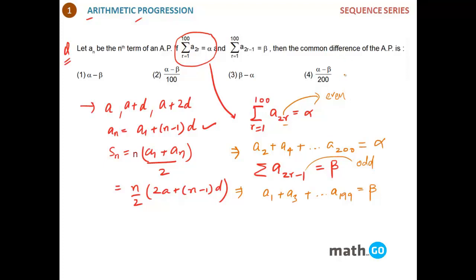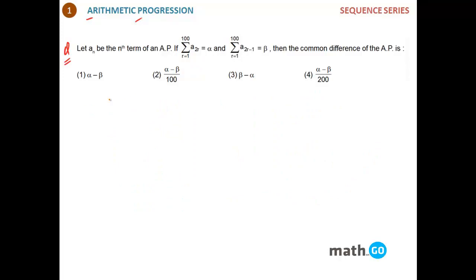What we need to find is the common difference of the AP. Let me just rub this portion which is not required to get ahead of the question. Okay, so now we know what alpha is. Alpha is nothing but a2 plus a4 up till a200. We know what beta is.